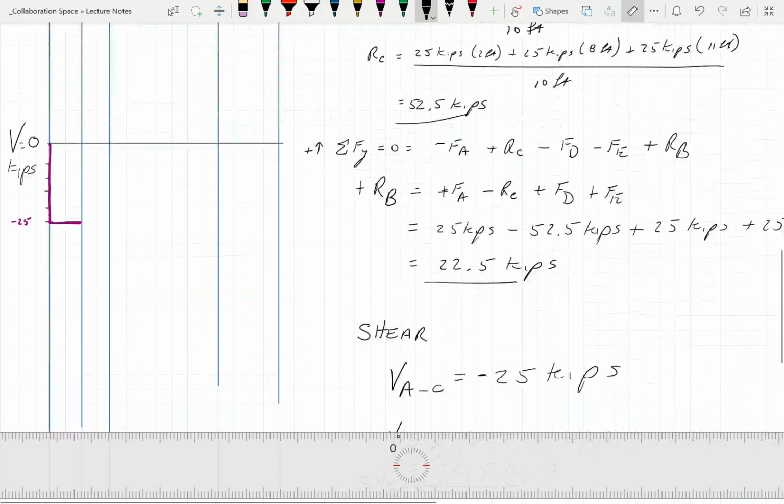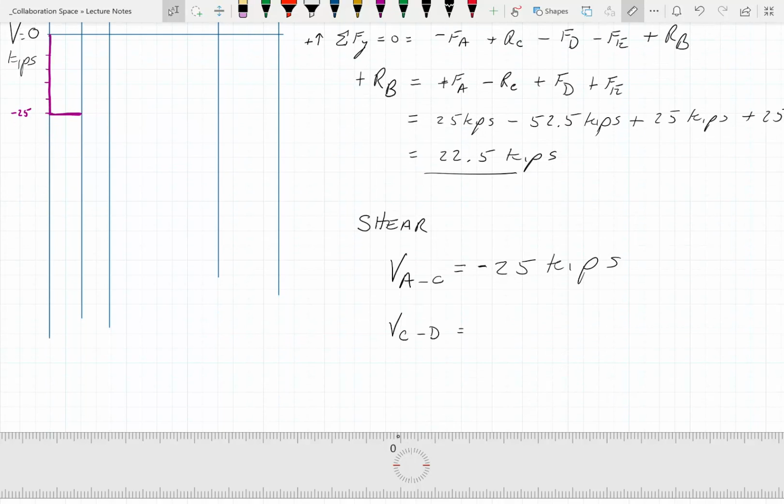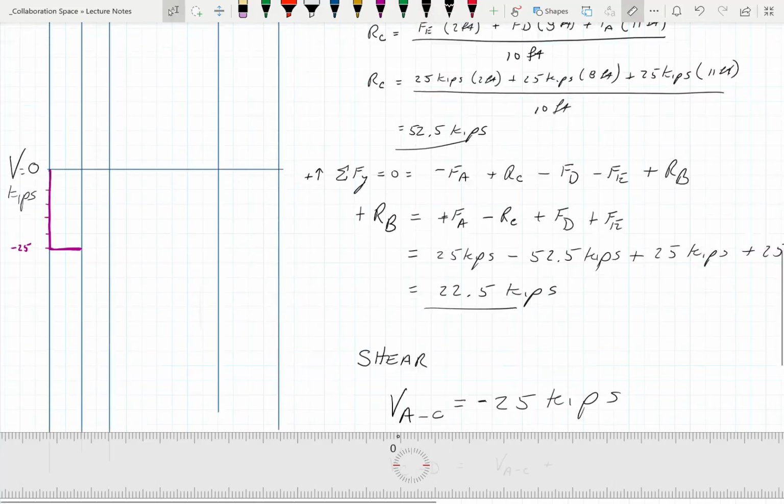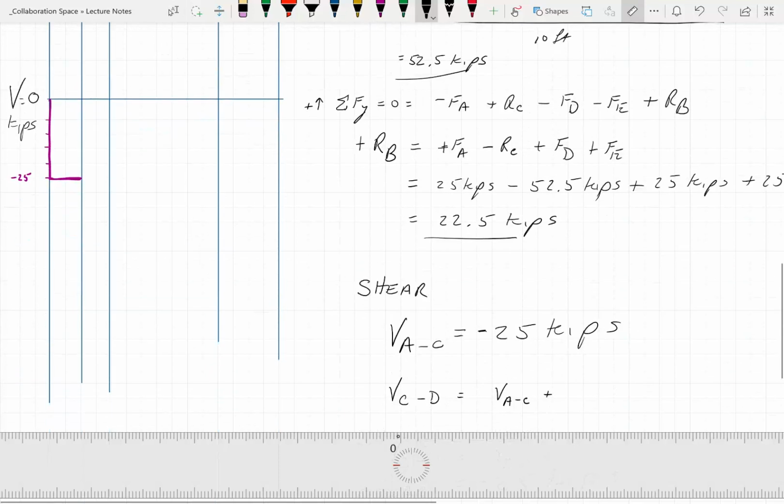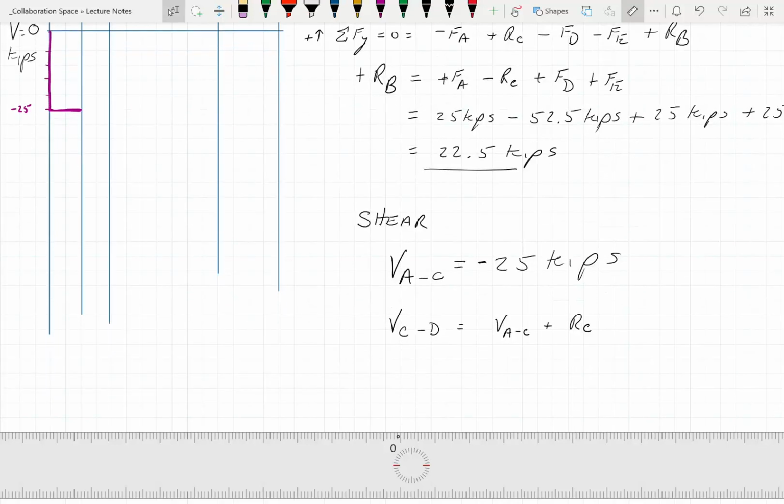So the coolest way to write this is this: V_AC plus the force of RC. And if you take your numbers now and put them in as negative 25 kips plus the 52.5, is that what it was? You should get 27.5 kips.